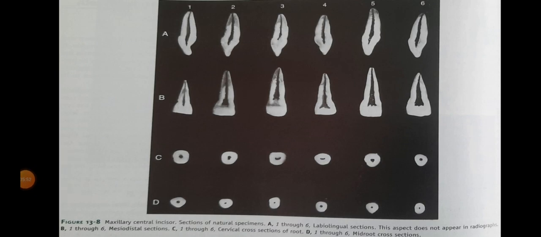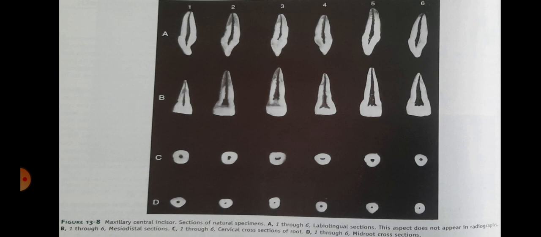Mesodistal section. You can see this in figure 13.8b. The pulp chamber is wider in the mesodistal dimension than in the labiolingual dimension, right?